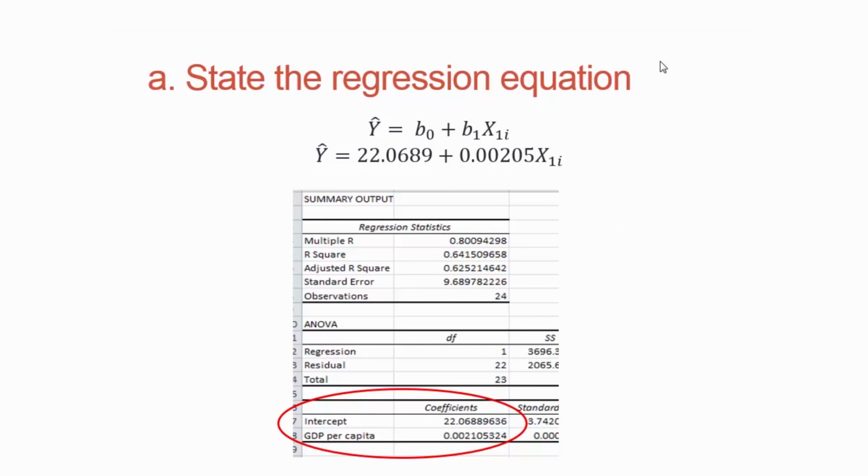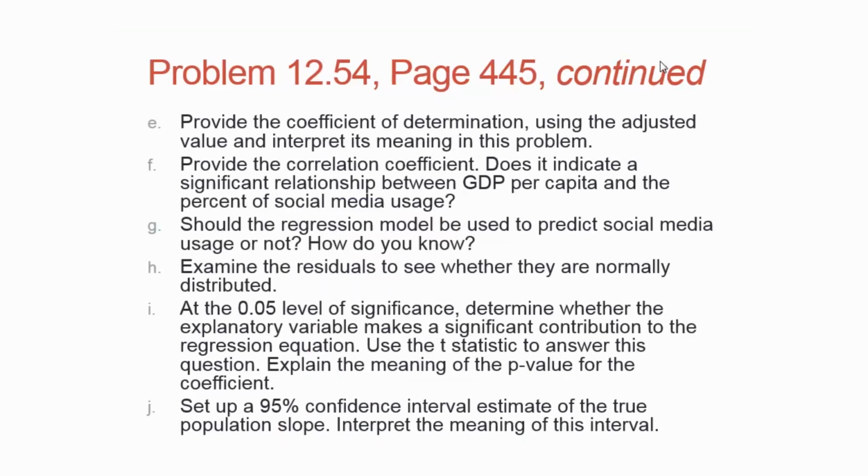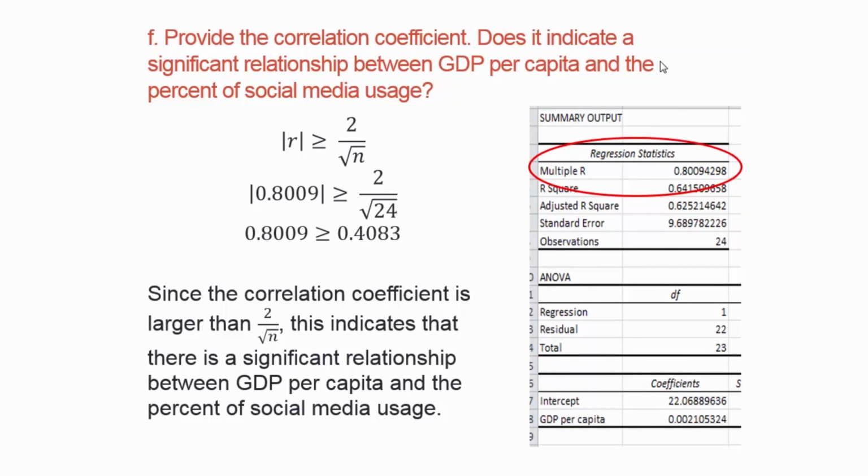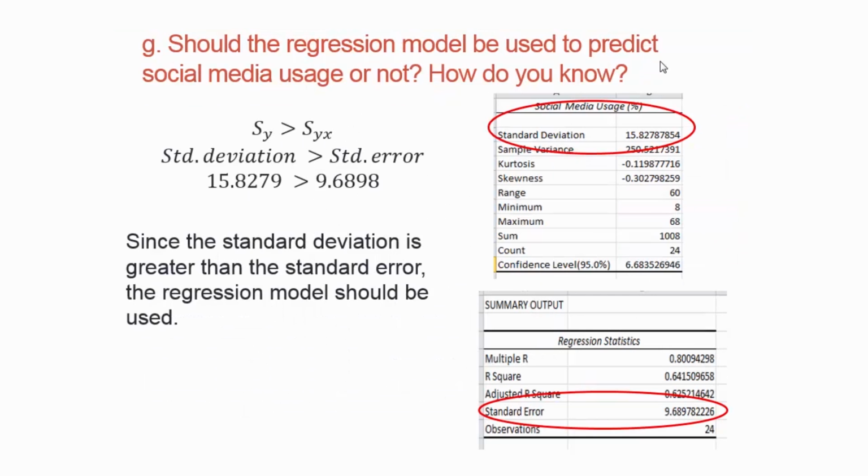Then, should the model be used to predict usage or not? The answer depends on the standard error of the estimate, and there it is, SY versus SYX. Since SYX was less than SY, that tells me to use the equation.